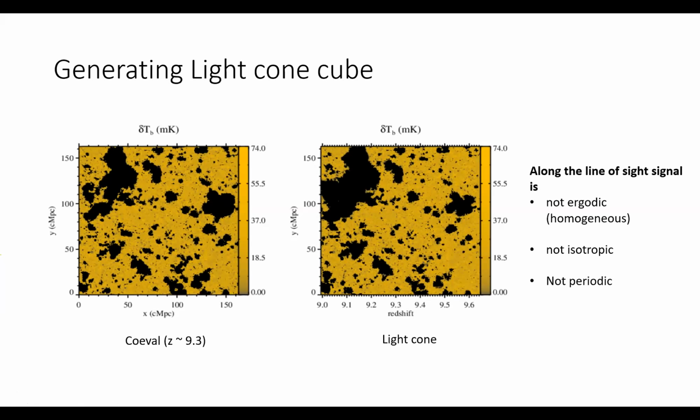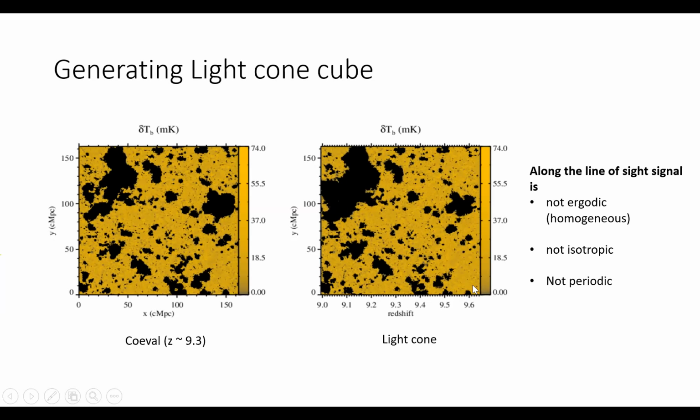Another very important aspect is that when you implement your light cone effect, it basically makes your signal non-ergodic. That means your signal is not homogeneous along the line of sight anymore, because at the nearer end it corresponds to redshift 9, at the far end it corresponds to redshift 9.6 or a little higher than that.